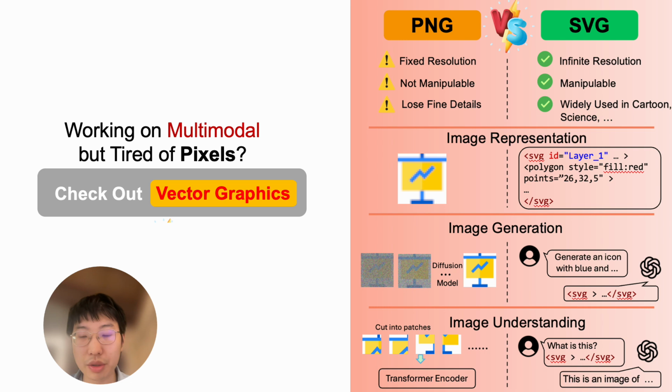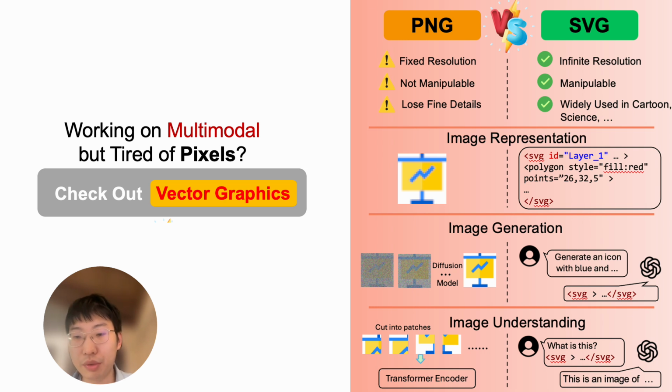For image generation, the PNG format usually requires heavy models like diffusion models to generate the image with a lot of time steps. But for SVG, we can actually generate images and even edit images in a dialogue with a text-only LLM. For image understanding, the PNG format usually requires specific architectures like ResNet or transformer in order to extract the features.